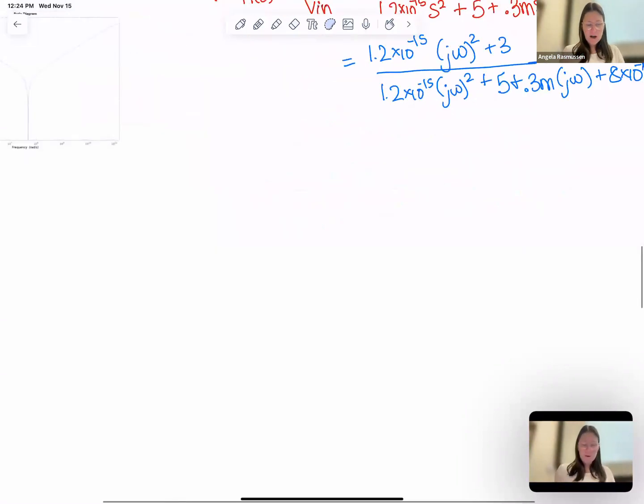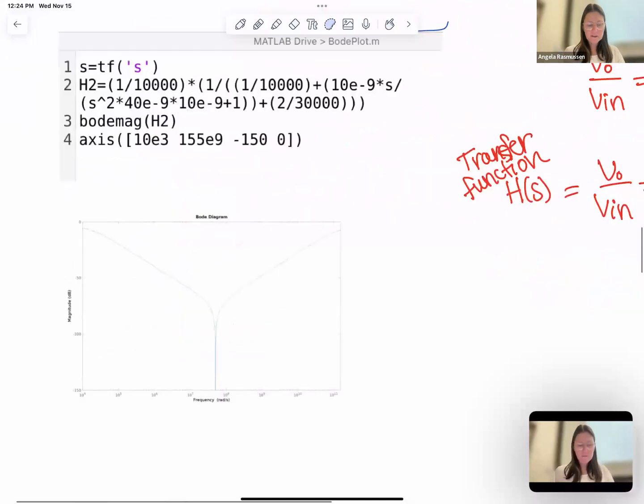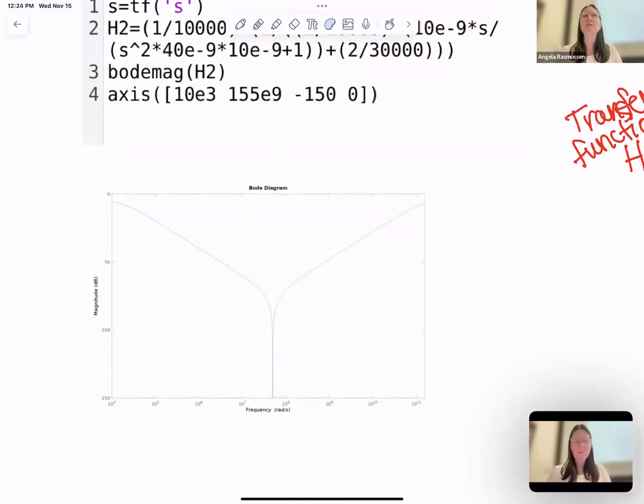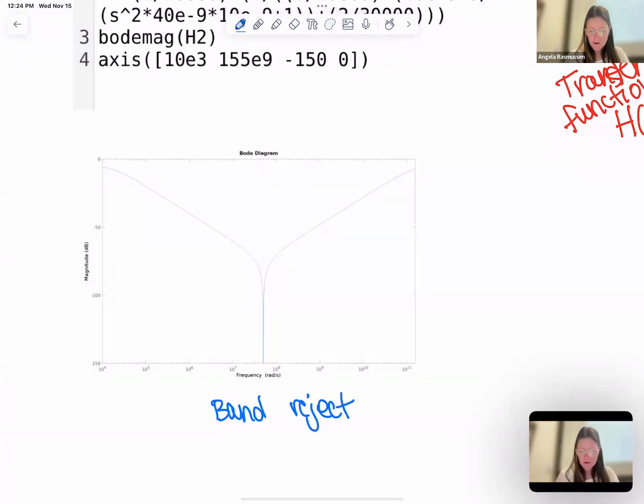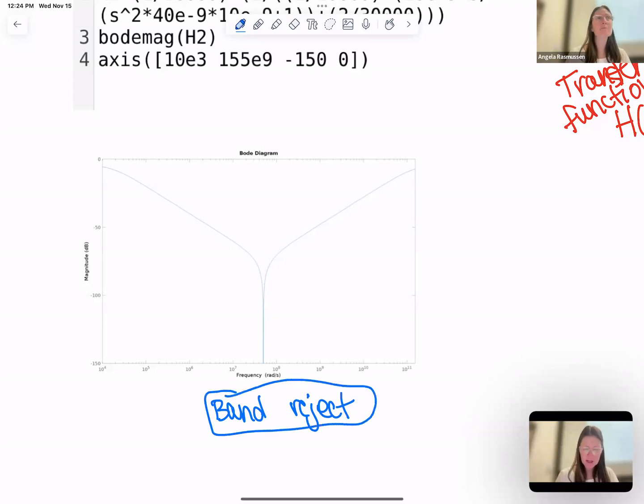From this graph, I'm expecting you to know which filter this type is. Correct, it will be a band reject. Will you be able to identify those? In 2280, you're going to get into how to even graph these by hand and get into those details.